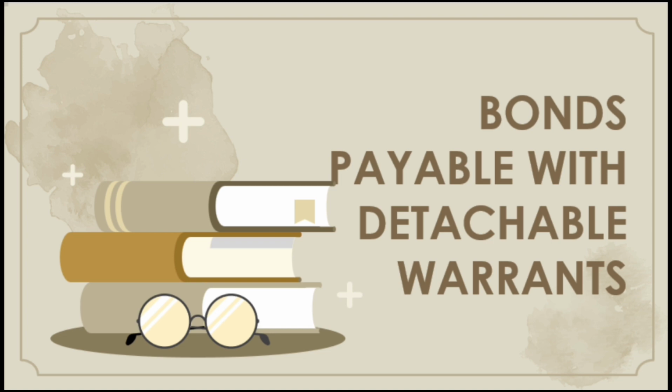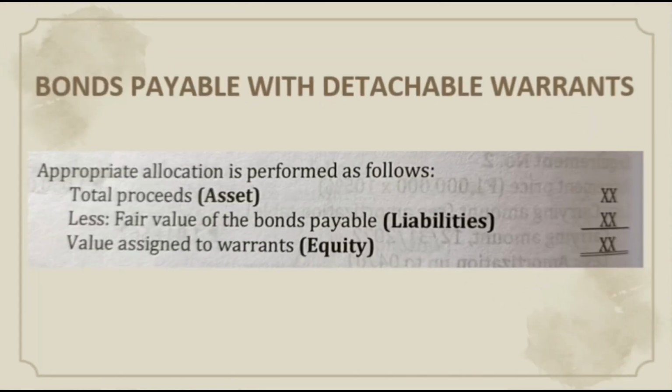Therefore, when allocating the total proceeds from the issuance, the residual approach is used. This approach involves assigning the remaining amount after deducting the fair value of the bonds from the total proceeds to the warrants. By employing the residual approach, the issuance proceeds are accurately allocated between the bonds and warrants, reflecting the dual nature of the financial instrument.